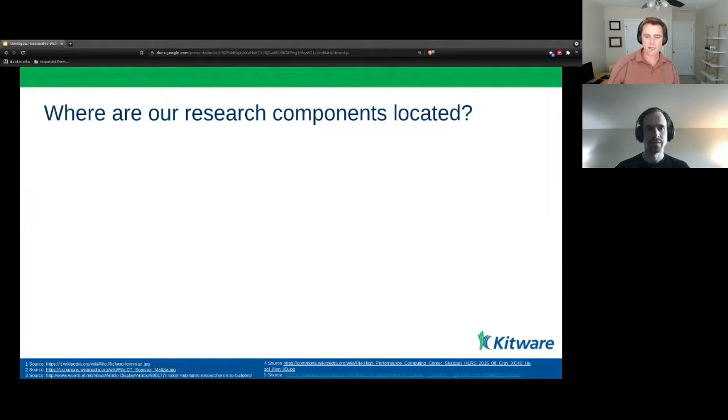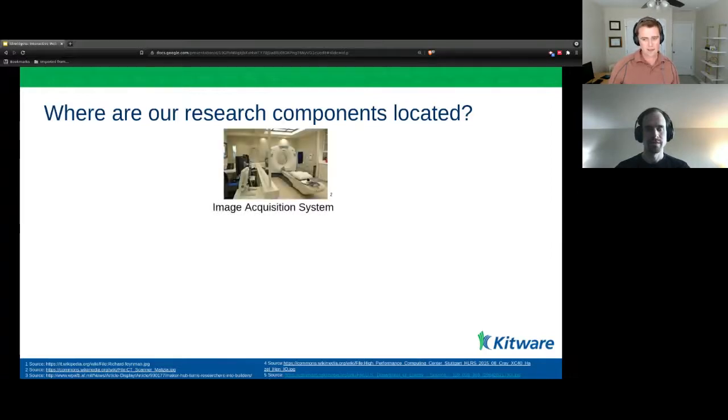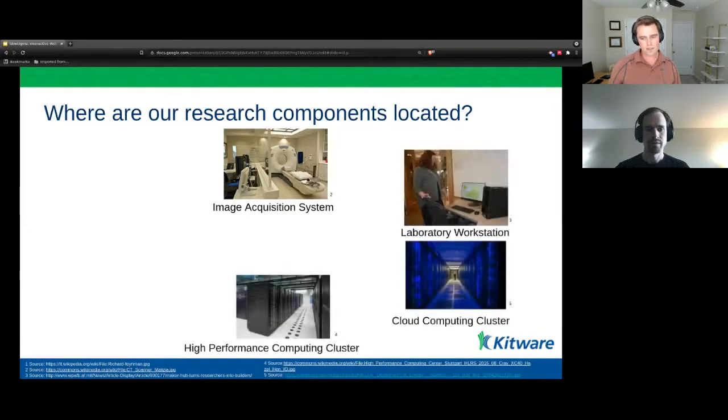So in this modern computing environment, where are our research components located? Massive data sets are generally located near where they're acquired due to their inertia. Compute resources can be a researcher's laptop, a laboratory workstation, a cloud computing cluster, or a high-performance computing cluster.